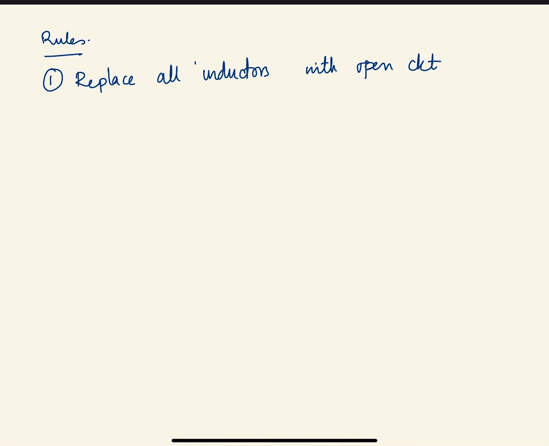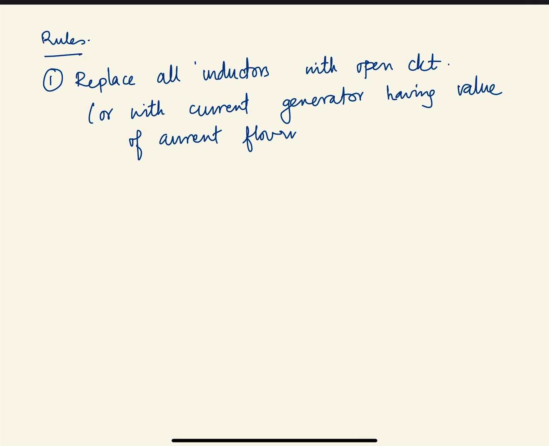Okay, so rule number one in this process: replace all inductors with open circuit, or with a current generator or a current source having value of current flowing at t is equal to 0 plus.